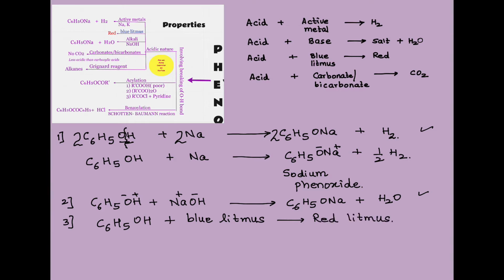Now let's go back to our learning that we did in alcohols. Did alcohols show this reaction? Yes, they did. They liberated hydrogen on reacting with active metals. Did alcohols show this reaction? No, they didn't, right? Meaning to say that alcohols are less or more acidic than phenols.